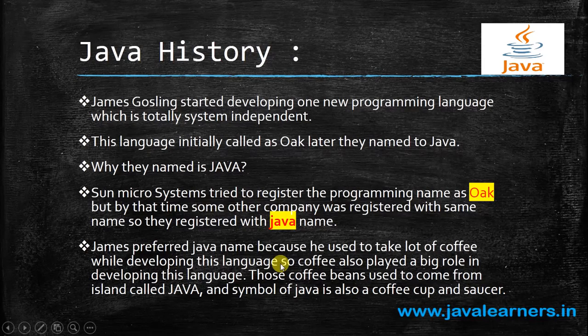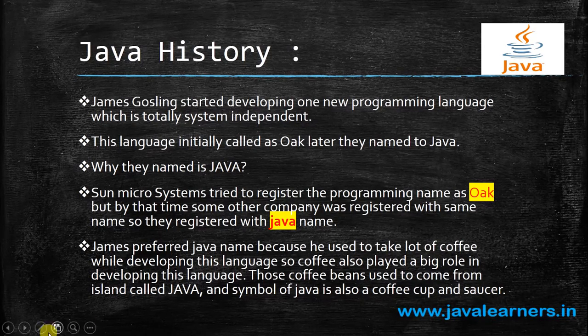Coffee played a big role in developing this programming language, so James Gosling preferred to put the name as Java.